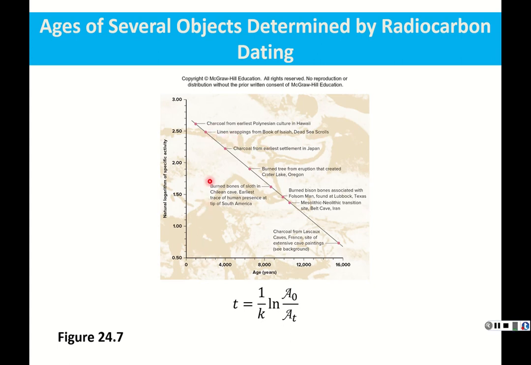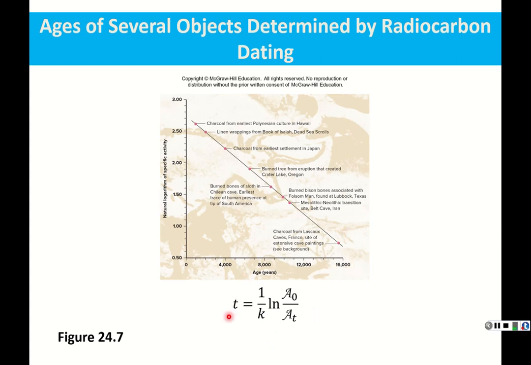Earliest settlement in Japan, close to 4,000 years, and so forth. The oldest thing on this chart is charcoal from cave sites in France that had extensive cave paintings, and that was close to 16,000 years ago. So in terms of human history, that's very, very ancient.